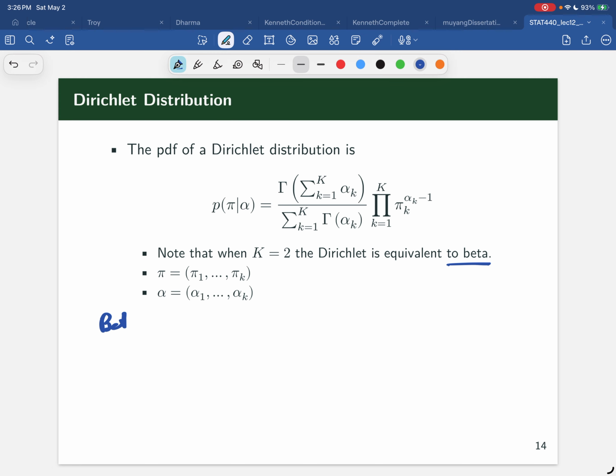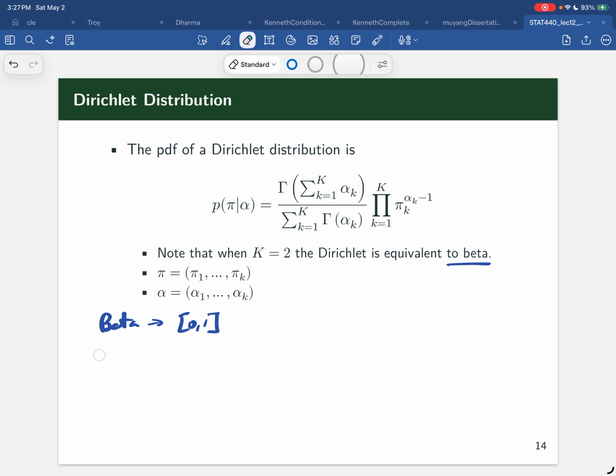You'll recall that the support of the beta distribution was 0 to 1, and we used it as a prior distribution on pi when we were doing a beta binomial, or a binomial beta model.